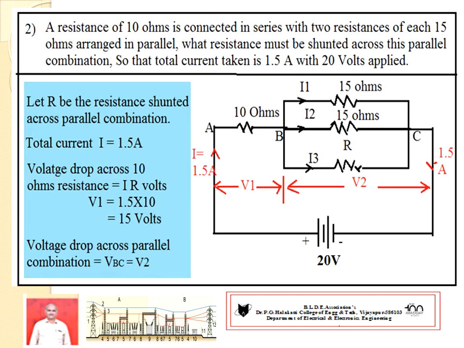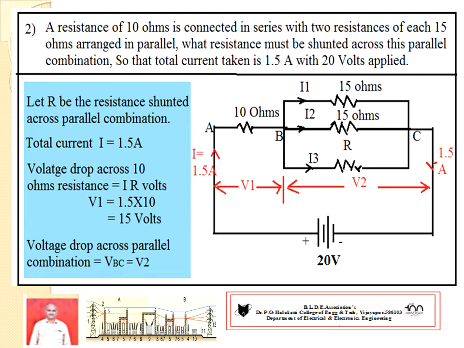So now the series resistance is given, 10 ohms, and in the parallel combination two resistance values are given, 15 ohms. Then what is the third resistance of the parallel connection? You have to calculate it. It is a very interesting idea.